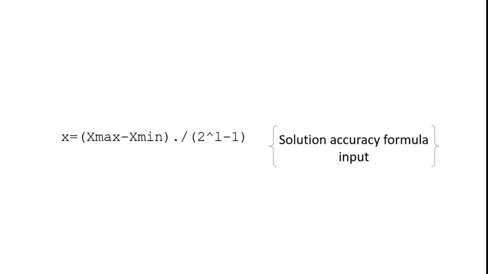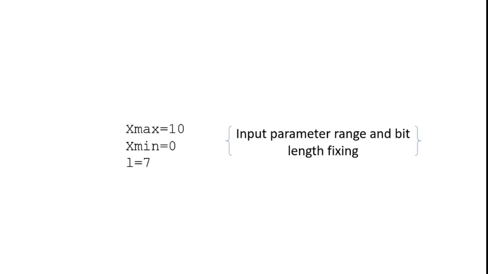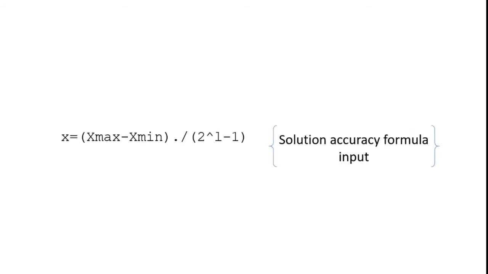After that, the solution accuracy formula. How can I give the solution accuracy formula as an input in Matlab? I consider small x, the solution accuracy, equal to xmax minus xmin. I type it the same way, because previously in the Matlab program I introduced xmax is equal to 10, so the maximum variable is 10. So I recall the variables as xmax minus xmin.